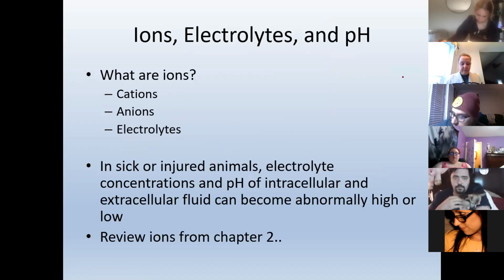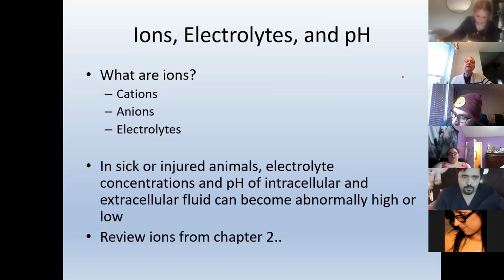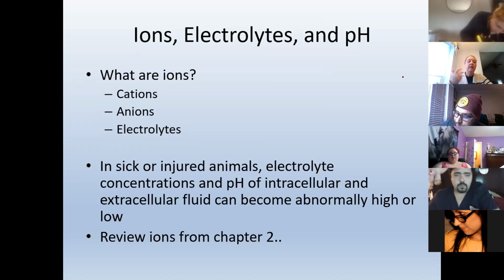Here's just some review of some terminology that we've covered previously. We've got cation. Somebody tell me the charge of a cation. Positive. It's positive. And then, of course, our anion is negative. We have electrolytes, which are molecules that carry a charge. And these are all going to be super important when we're dealing with sick or injured animals.